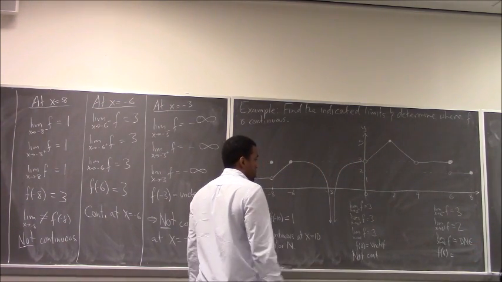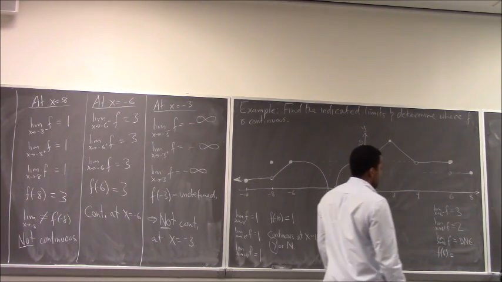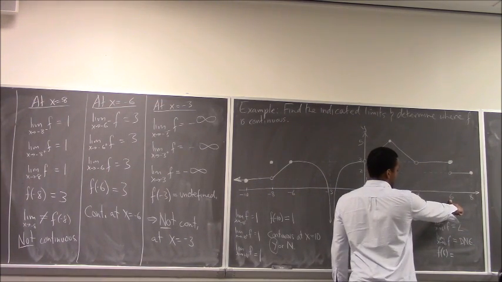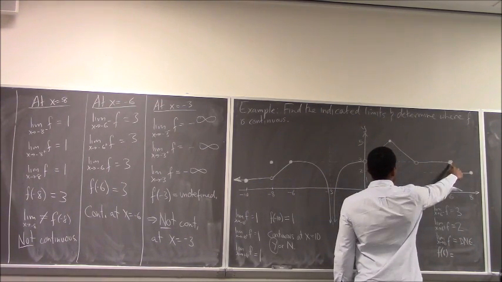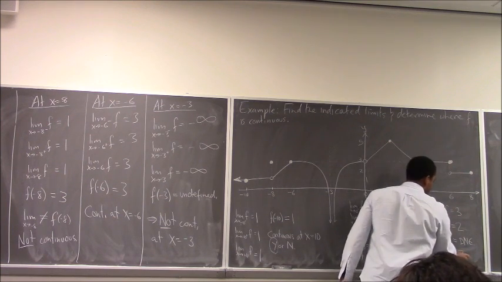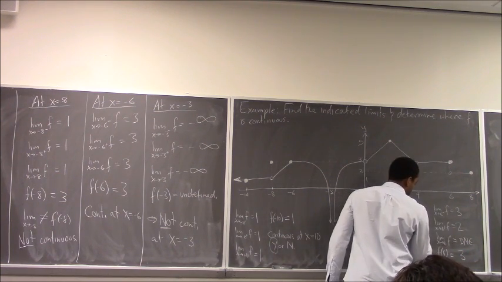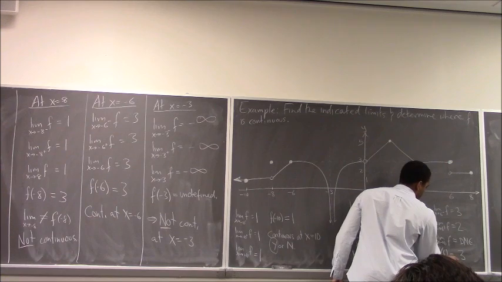So technically we could even stop there, but let's just continue. If I plug in x equals 6 though, that does give me the output 3. But at the end of the day, it's still not continuous.